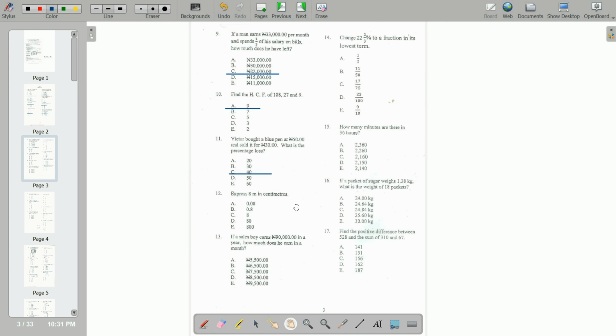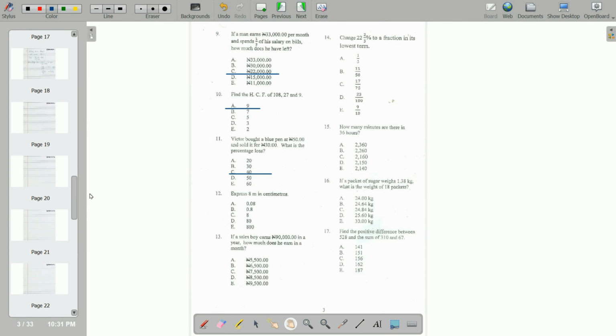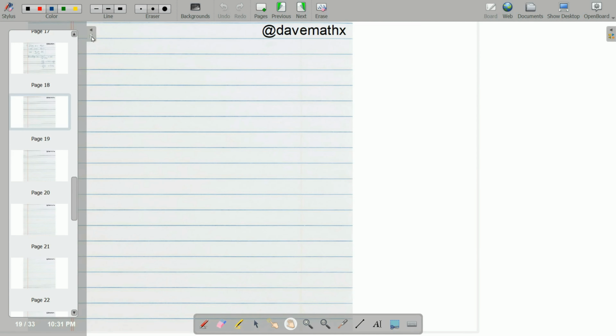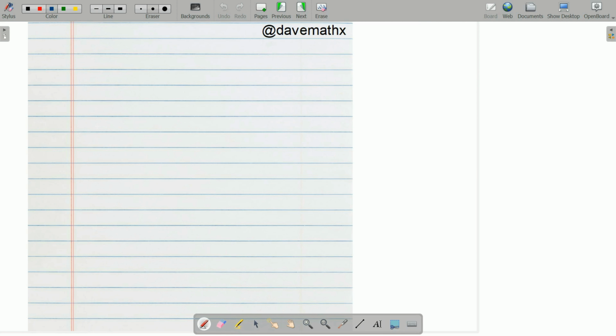We now proceed to question 12, where we must convert 8 meters to centimeters. So first we need to know how many centimeters make 1 meter, and that's 100 centimeters.